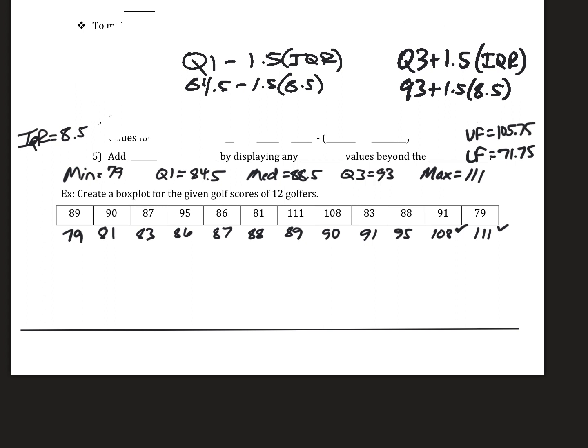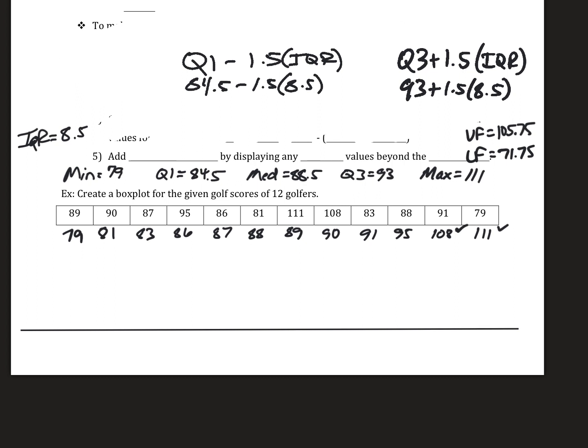So there's no numbers that are below 71.75. So I do not have any outliers on the low side, okay?